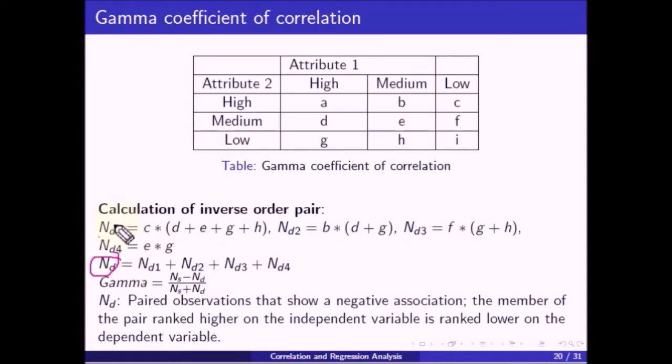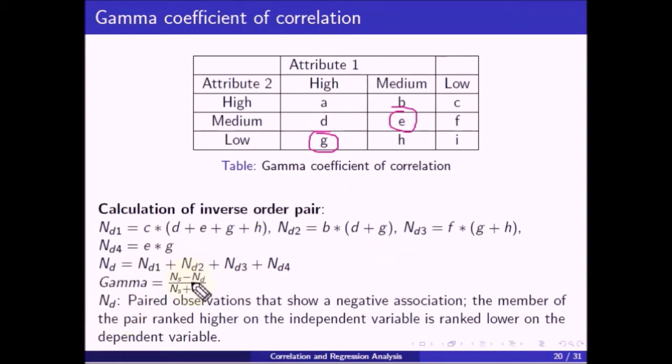ND1 is C into D plus E plus G plus H. ND2 is B into D plus G. ND3 is F into G plus H. And finally ND4 is E into G.